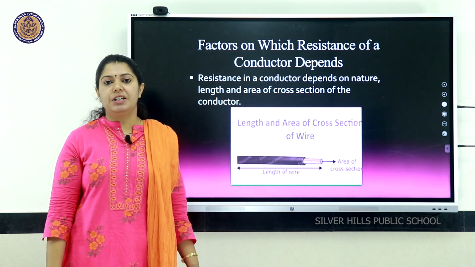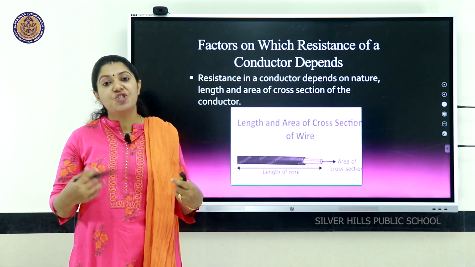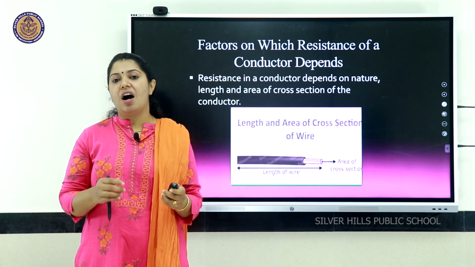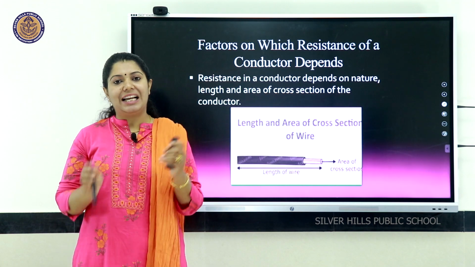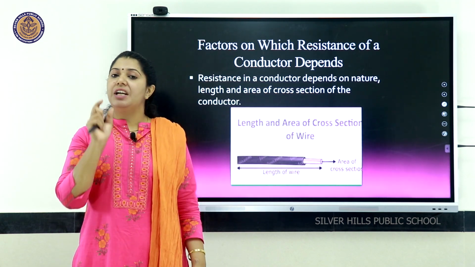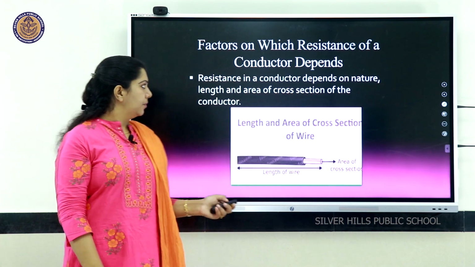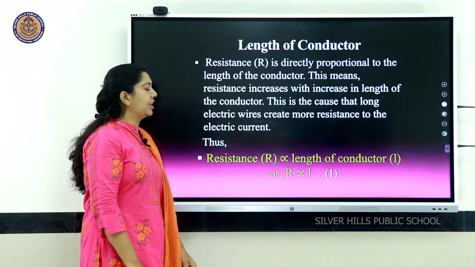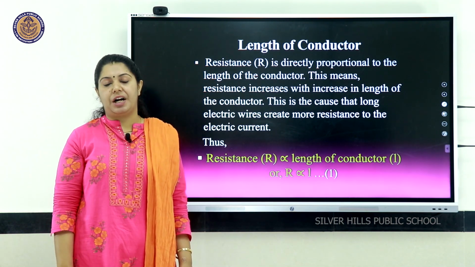Next topic is factors on which the resistance of a conductor depends. There are many factors. First one, the resistance of a conductor depends on nature of the material, length of the conductor and area of cross section. By using all these factors, length, area and all, we can derive the expression for resistivity. Length of a conductor. The resistance is directly proportional to length of the conductor.